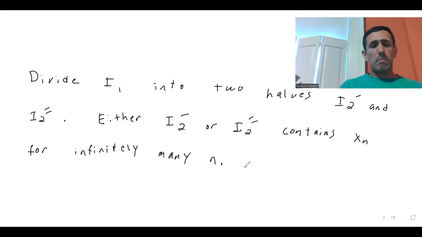If not, then I1 only contains xn for finitely many n. That's not true. We did this whole thing so that I1 contains xn for infinitely many n. So either the left half or the right half has to contain xn for infinitely many n, and we don't care which. What the hell, I'll say it's the right half. We just don't care one bit.